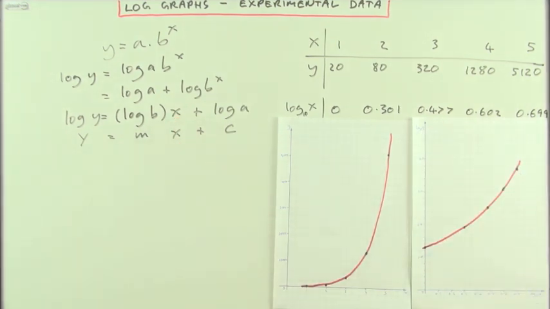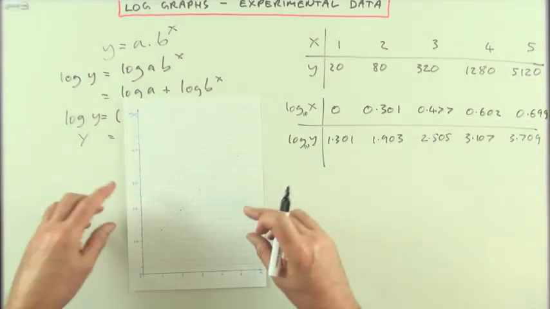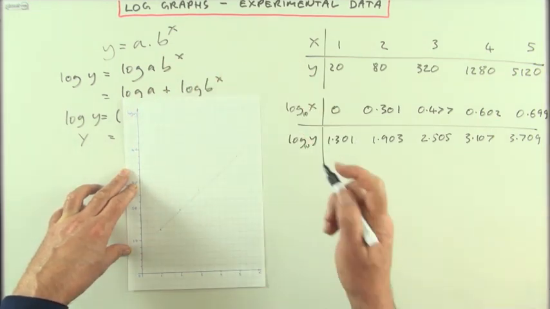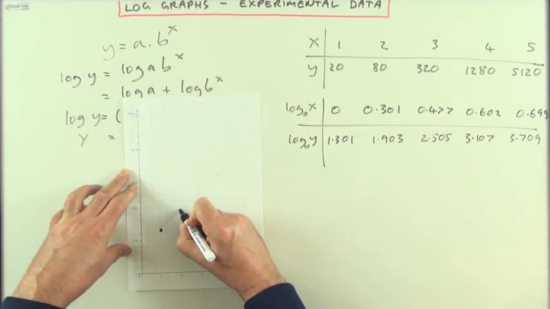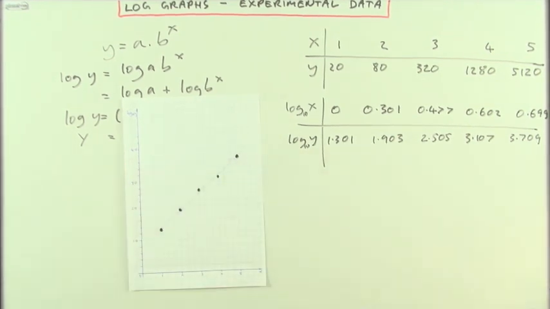So it's another graph I need to verify this. Here, if I plot log 10y against just x, I get these values, which are dotted about a little bit because these are approximations. I've had to round them off.